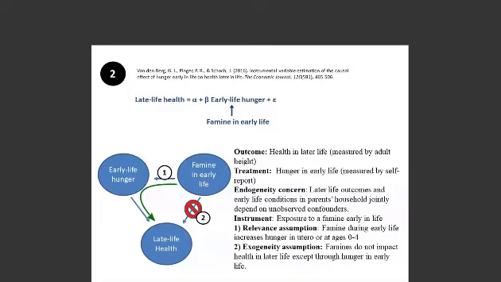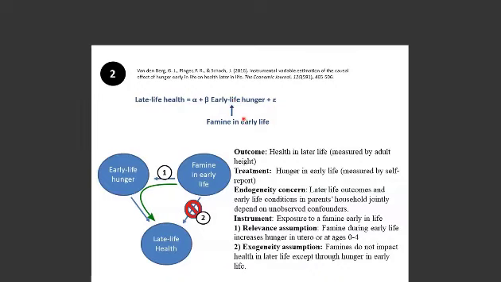But this literature argues that really what we want to look at is the impact of hunger on health through the effect of famine. And the famine doesn't affect everybody. So getting the nutritional status of the individual would get us the impact of hunger on the people that actually do get impacted by the famine.